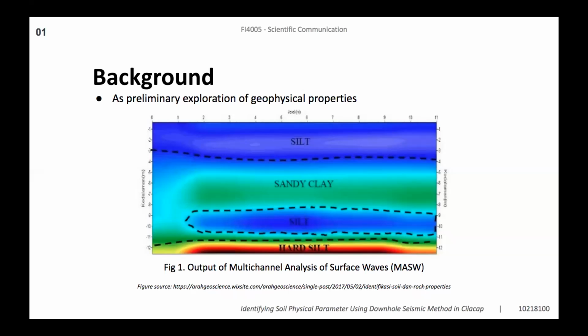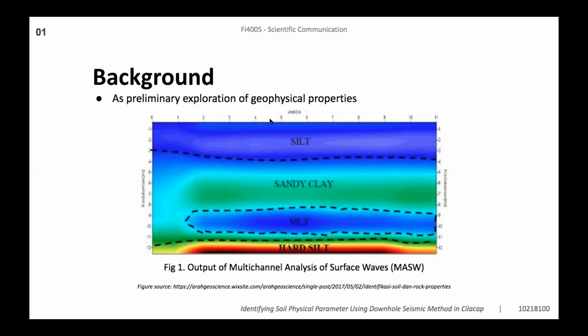In this research, the final output is to determine the soil properties, or what kind of soil lies around Cilacap, Jawa Tengah. As in figure 1, I've put an easy example for us to understand what I mentioned earlier about determining the soil properties.